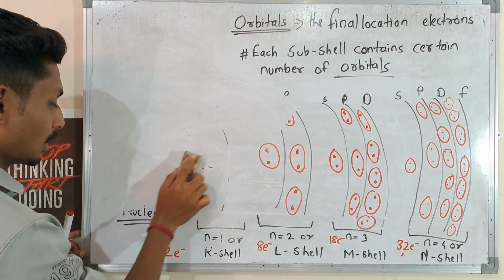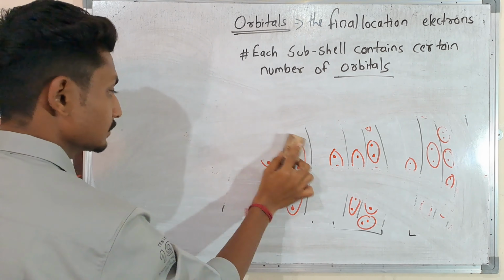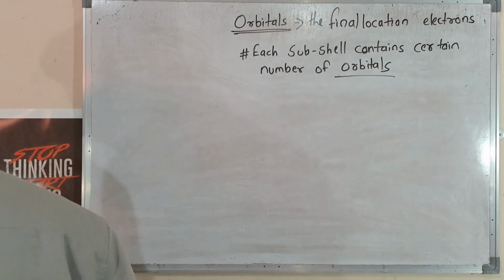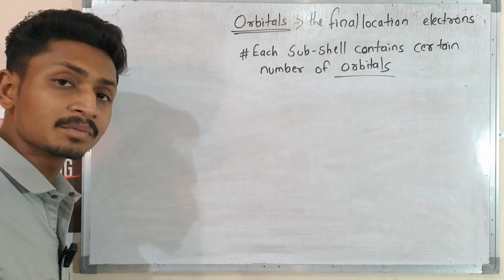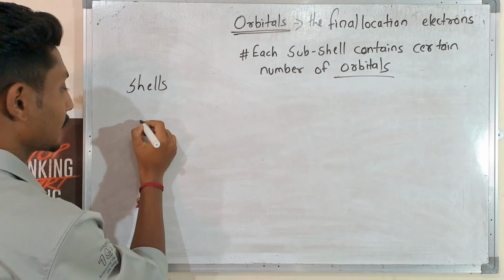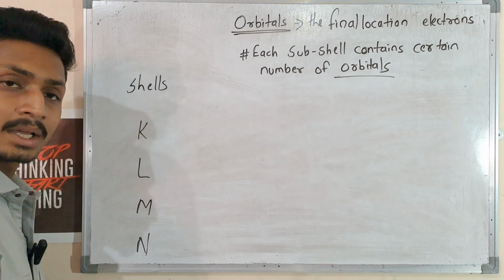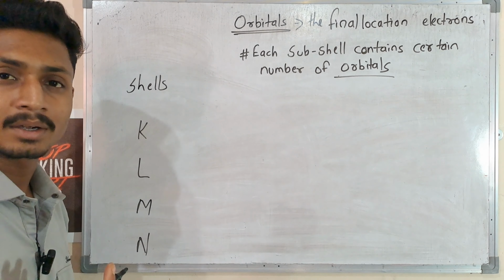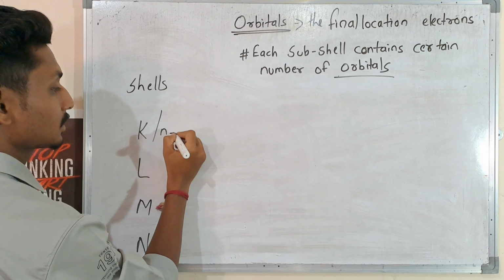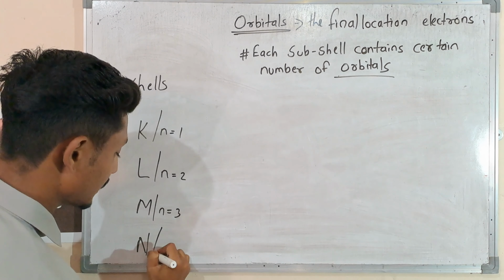Let's take a summary of our topic. In an atom, we have shells represented by K, L, M, and N, and also energy levels by principal quantum number 1, 2, 3, and 4.